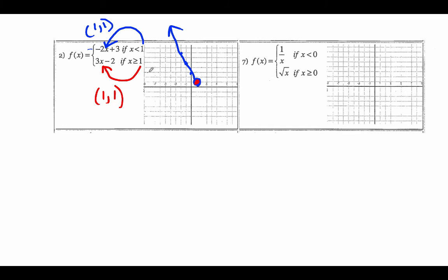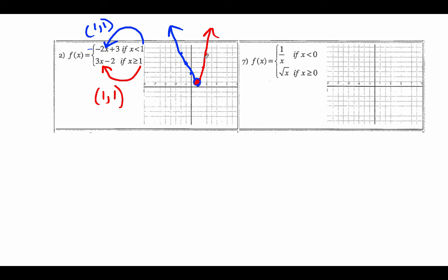If you can't tell, this one is filled in, it doesn't matter. It's a shared point. So this piecewise function, remember, these are functions, so they pass the vertical line test. So even though that one was open and that fills in, that's no problem, okay? And now I'm going to go to the right, and I'm going to apply a slope of 3, up 3, right 1, up 3, right 1. And it looks kind of like a V, but this one's going to go a little taller because of that 3, okay?